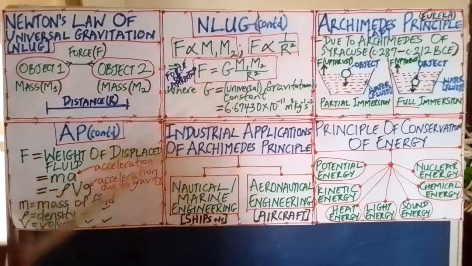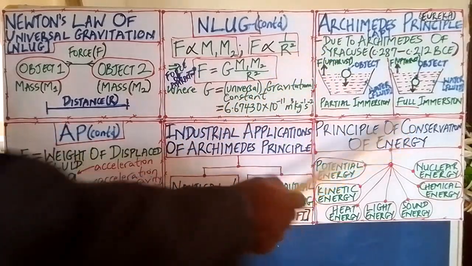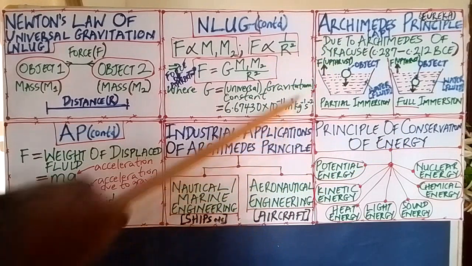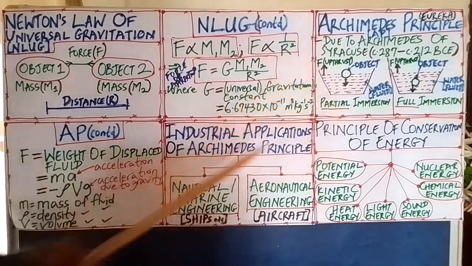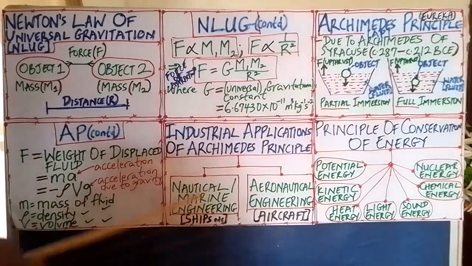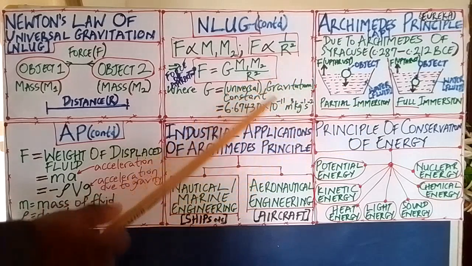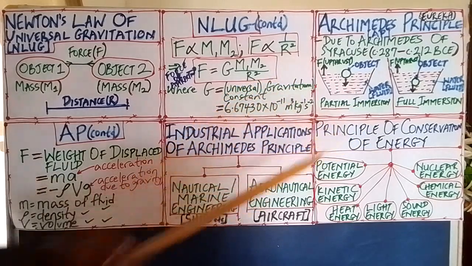Then we want to now look at the principle of conservation of energy. The principle of conservation of energy is still related to mechanics that we are considering, but it also relates to other areas that are not necessarily mechanical.